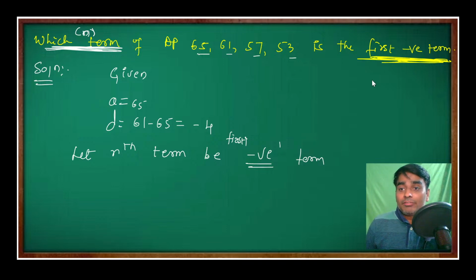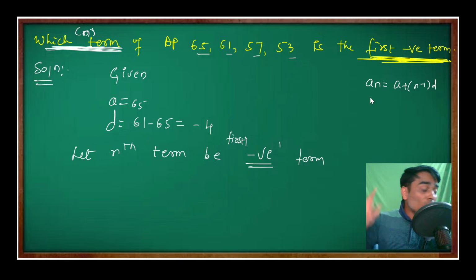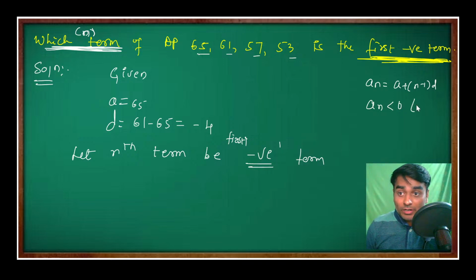We have an equal to a plus n minus 1 into d. Negative means you go back to that discriminant part. An should be less than zero for negative. If it is positive, then an should be more than 0.